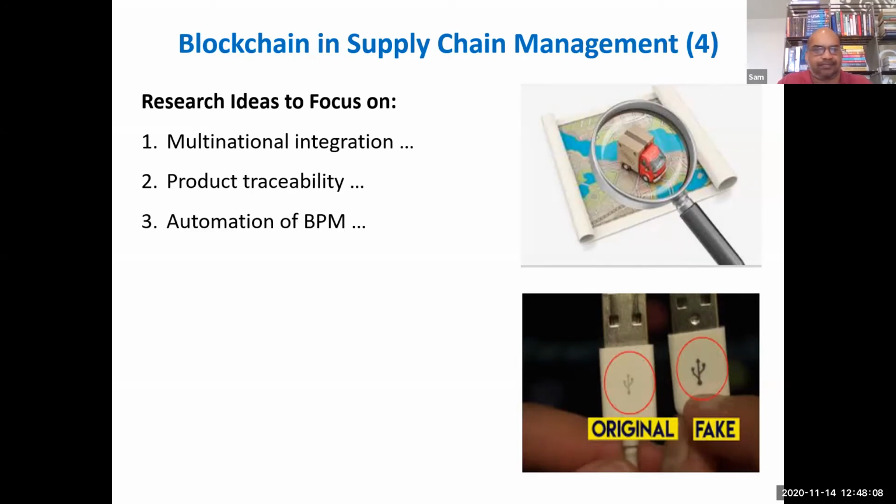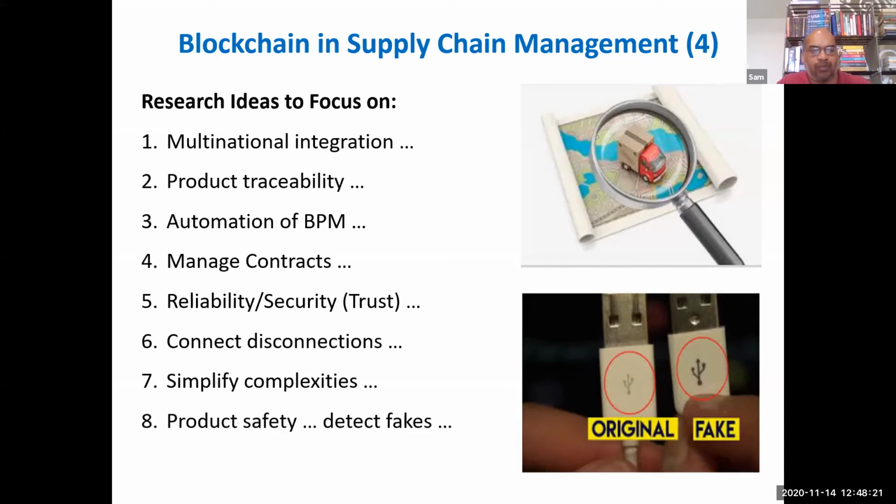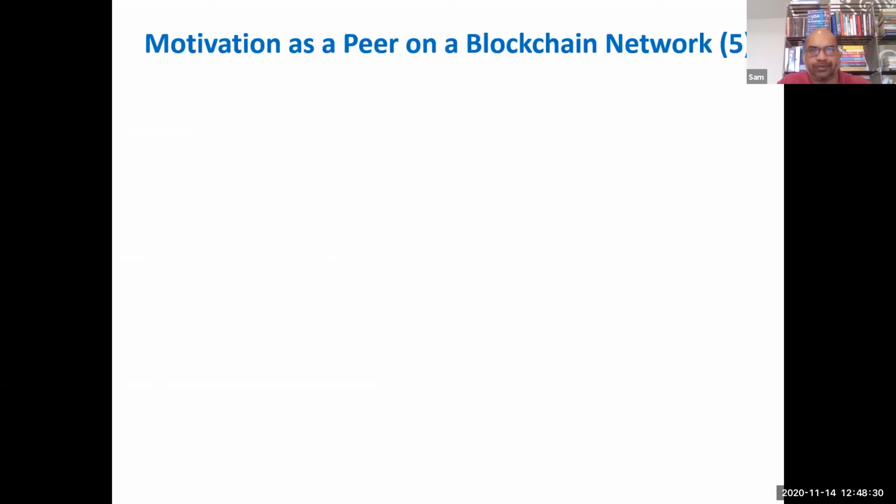Tracing products, automation of business process management, managing contracts, reliability and trust, connecting disconnected networks, simplifying complexities, product safety, being able to detect fake products, and transparency in removing corruption.